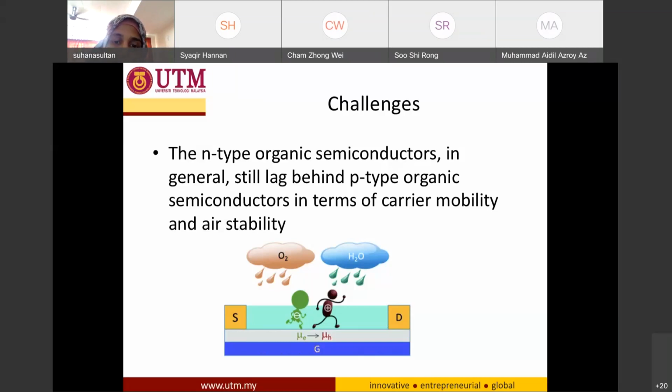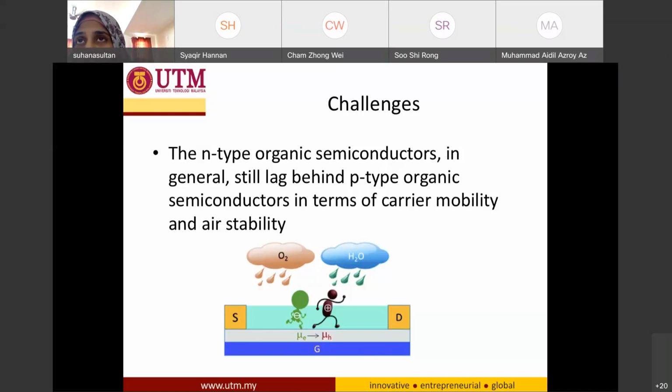So when it is exposed to oxygen and humidity, it will degrade. For example, if the mobility that you have achieved today is 10 cm squared per volt second, and you measure again tomorrow, it will degrade to perhaps 1 or 0.1.